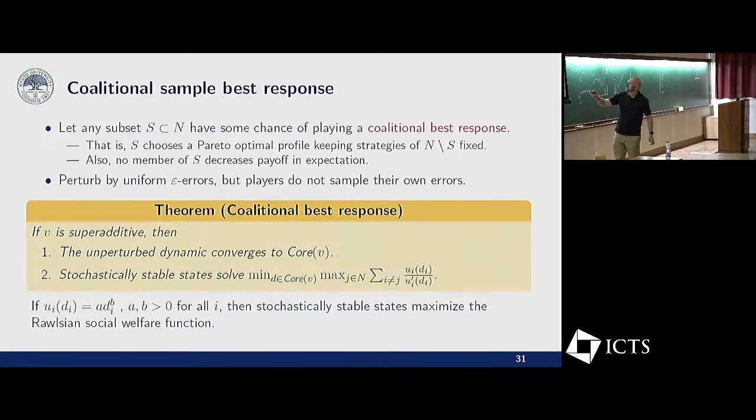Now you're maximizing the sum of the same thing over all players who aren't this player, which is easier to understand if you choose a specific type of utility function, when it simplifies into the stochastically stable states are then the ones that maximize Rawlsian social welfare. I've chosen to give a lot of Rawls this conference, but essentially maximizing the payoff of the least well-off person.